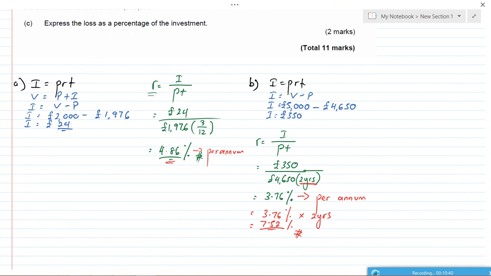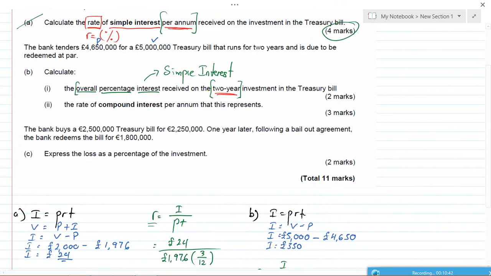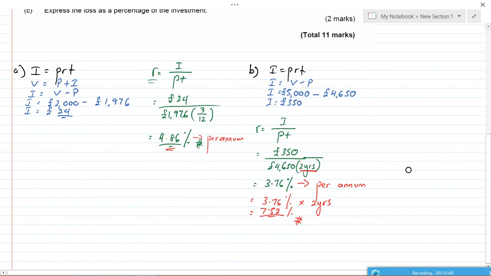However, on your part B, they're not asking for per annum, but they're asking for 2 years. So when you calculate, you will get per annum, but you have to convert it into 2 years. So you times 2 years, and you'll get 7.52%. That's on your part B.